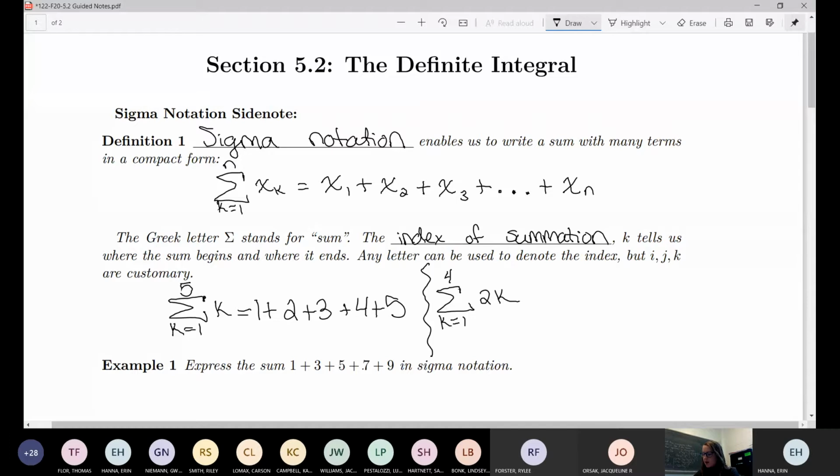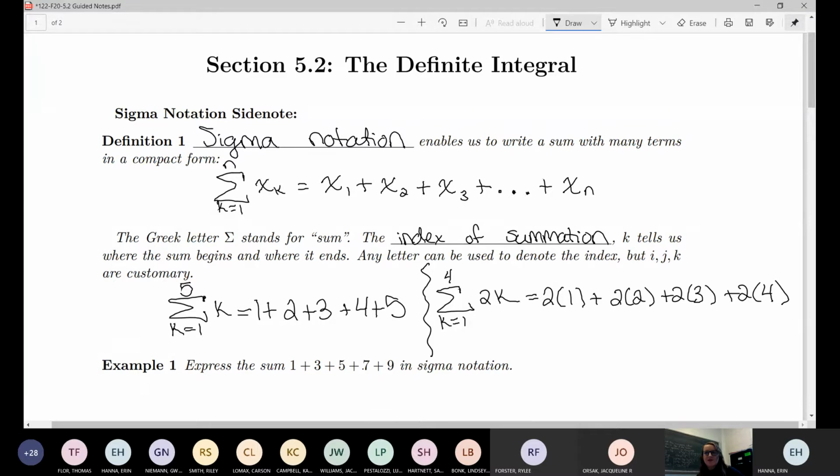So if I wanted to expand this out, I start at 1. So I let that k value be 1. So we'd essentially have 2 times 1. And then I keep going until I get to 4. So 2 times 2 plus 2 times 3 plus 2 times 4. And of course you could simplify them along the way, but just to kind of stress the notation, that's how that would work.